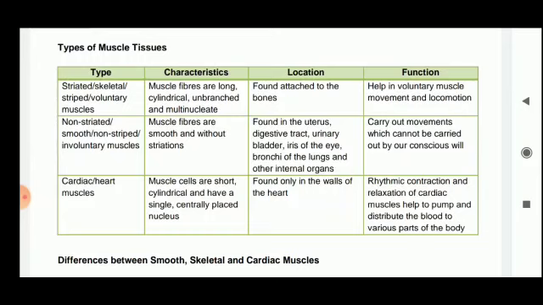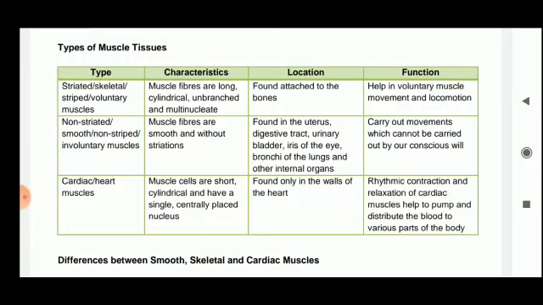That means movements which are not in our control, which we can't control with our conscious mind. That type of movement is called involuntary muscle movement, and those are involuntary muscles.